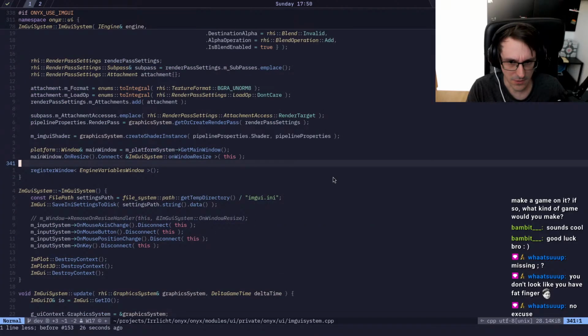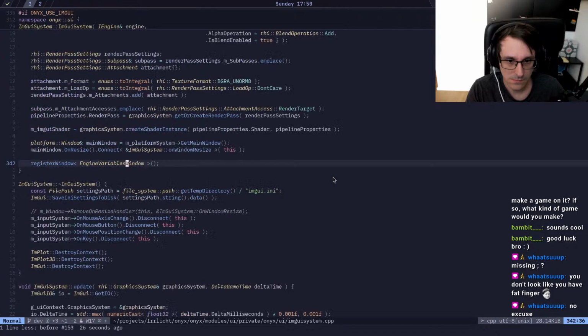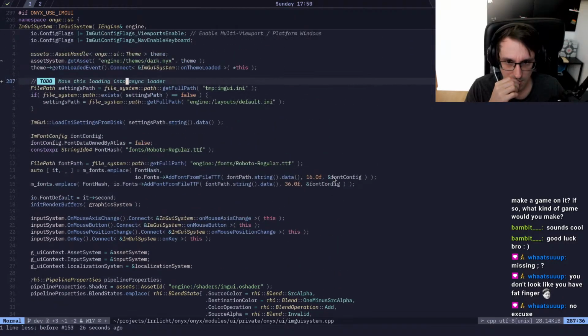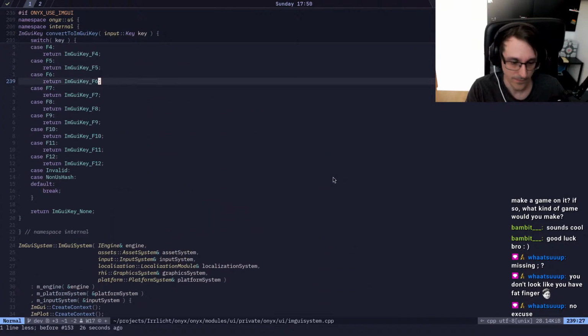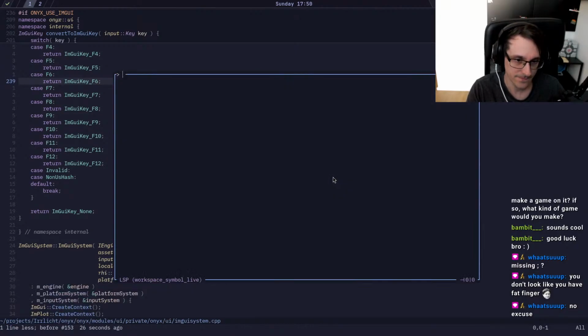So I guess I would need to register those, which is something I didn't do, I guess. Which is unfortunate. But can't I just do it then? Can I not go to one of those property inspectors?